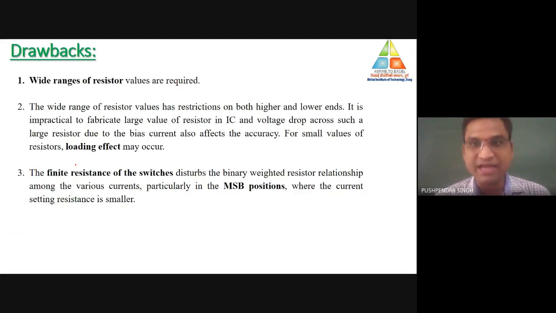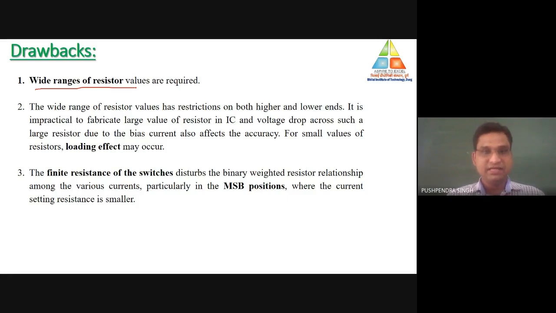So what is the drawback of this? The very first and most important drawback of this binary weighted resistor type DAC is that a wide range of resistor values is required. As you can see in the figure also, the very first resistance is 2R and the last resistance is 2 to the power n R. So it's not practical to use this wide range of resistances.